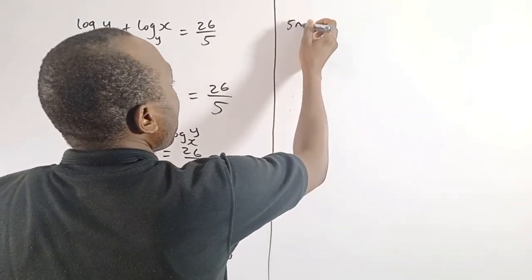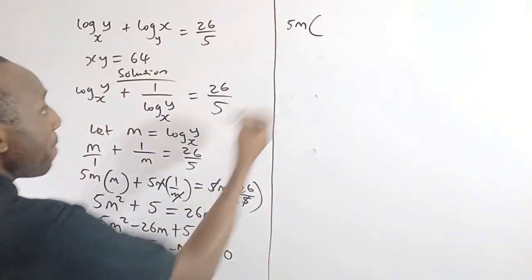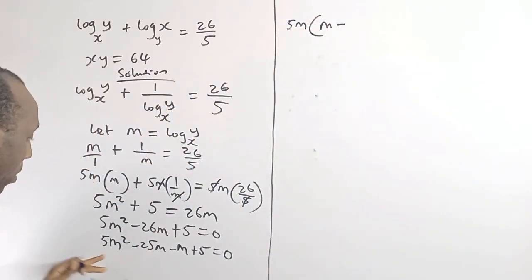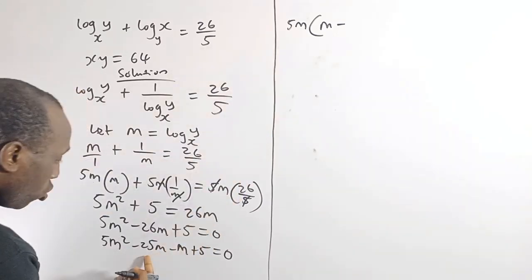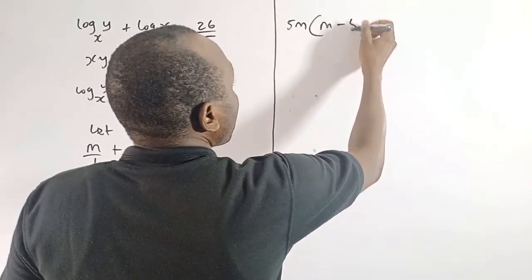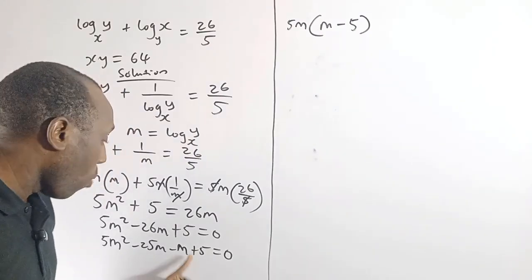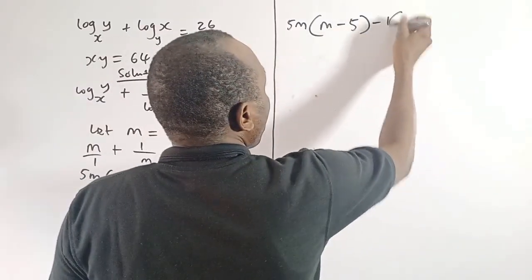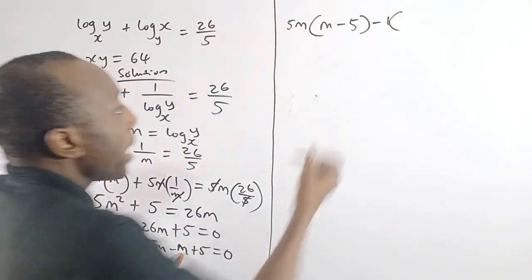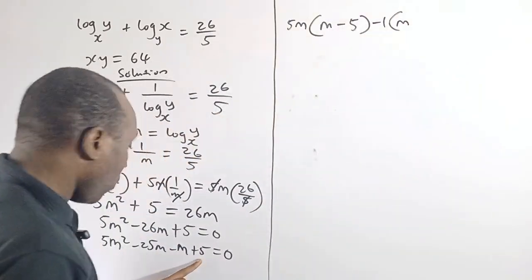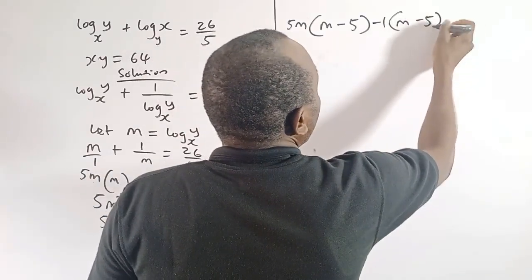So 5m bracket m minus 5, because 5m goes into 25m, you get 5. What about this one? It might look like nothing is common, but 1 is common. So that's minus 1. Minus 1 into minus m is m, and minus 1 into plus 5 is minus 5. All is equal to 0.